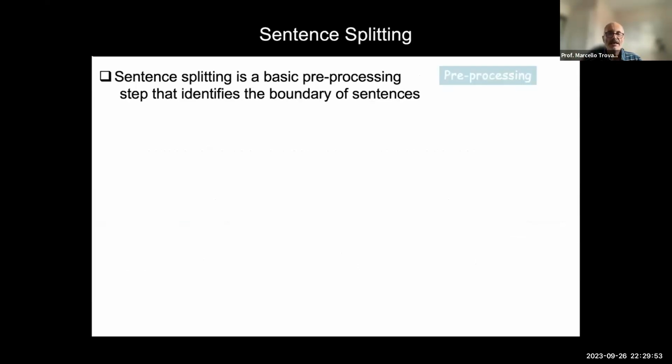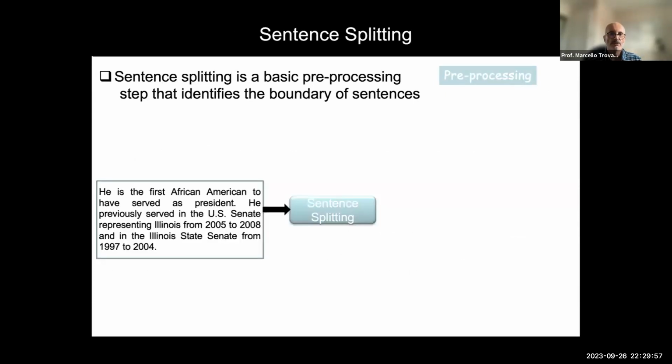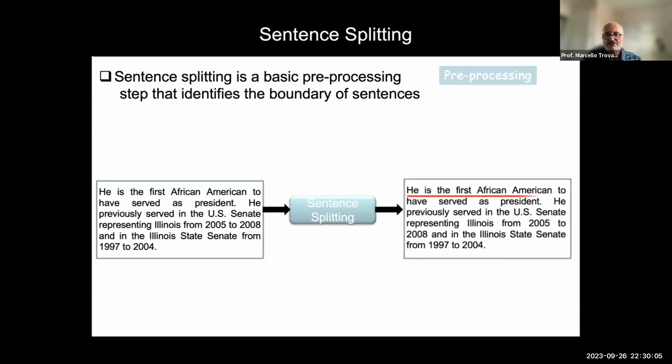So let's look at the pre-processing task. First of all, we want to split all the sentences. So we have, say, two sentences like this, and the next step will be to break them into these two different sentences.